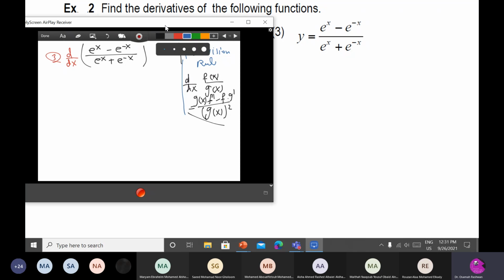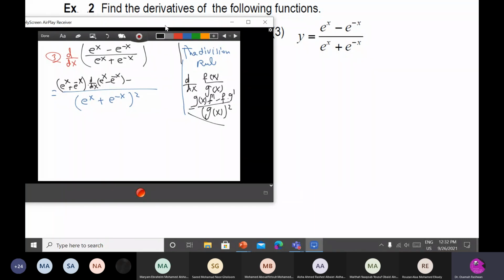Let's apply this one. So what I have here, the denominator is squared, and I will have it here without the square, times the derivative d by dx for the numerator. I'm just applying step by step, just not to get confused.